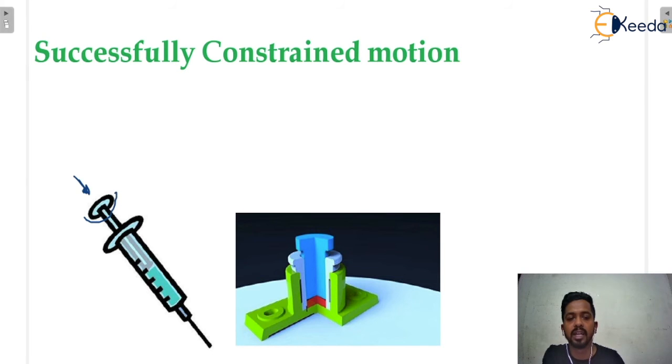If we rotate it, there is no use of the injection. So we have provided motion for the injection intentionally. Another motion is possible, but there is no use of the other motion. Basically the injection is useful when we push it from the top. So this is the example considered as successfully constrained motion.